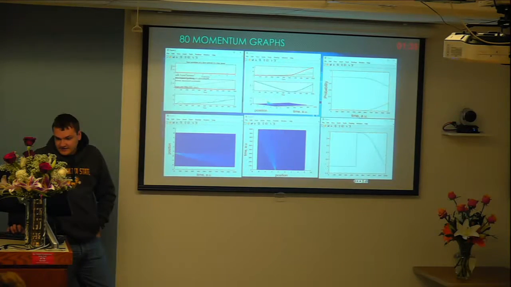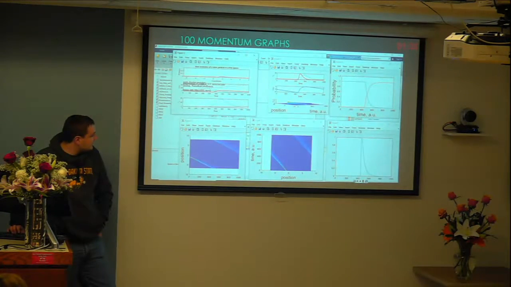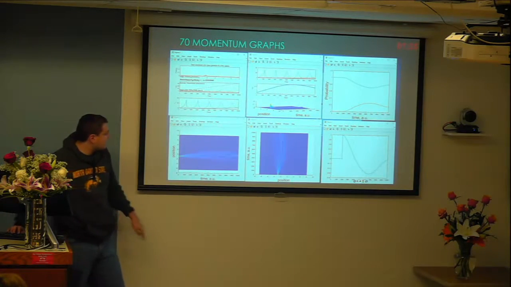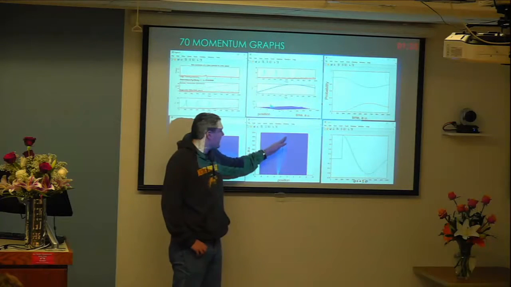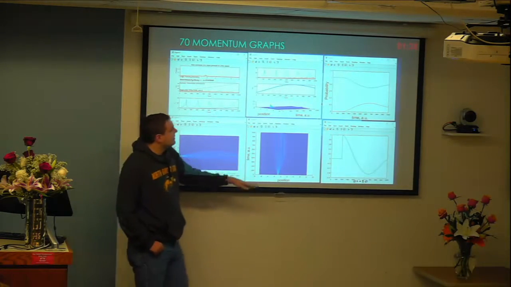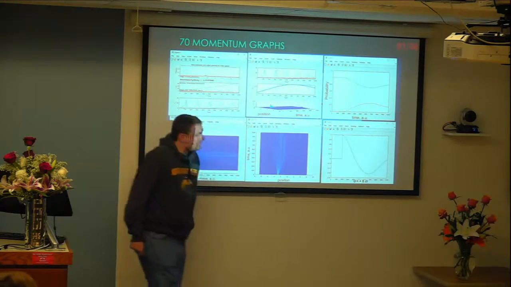And then 80, and 90, and went back to it again. So when you're at about 70 momentum here, it looks more like the graphs at 0 momentum, 1.87 momentum. It's more of a straight line. So you don't have as much reactants being turned into products.